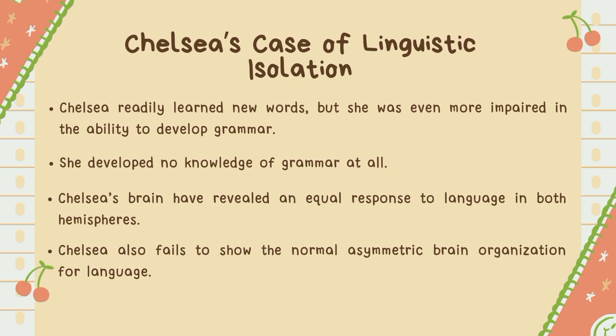This atypical brain organization likely contributed to her difficulties in acquiring grammar. So her ability to learn vocabulary but not grammar, along with atypical brain lateralization for language, illustrates the profound impacts of linguistic isolation and the complexities of brain organization in language acquisition.